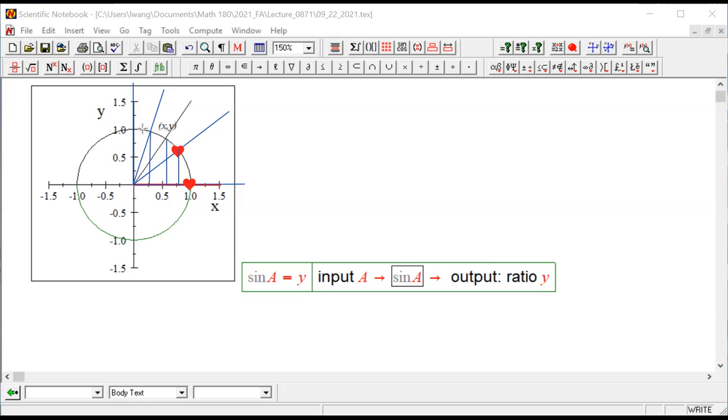Suppose my point is here. What's the y value? 1, that's right. So all of these y values are between 0 and 1, right? 1 is the highest. You follow me?